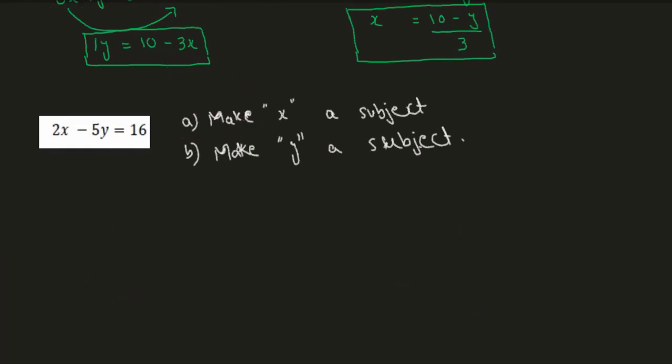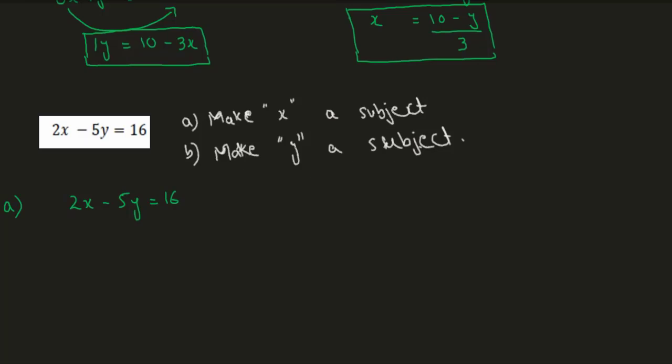Okay, so in this example there are two parts. In the first part, part A, you have to make x a subject, and in part B you have to make y a subject. Let's look at part A: 2x minus 5y is equal to 16. I have to make x a subject.